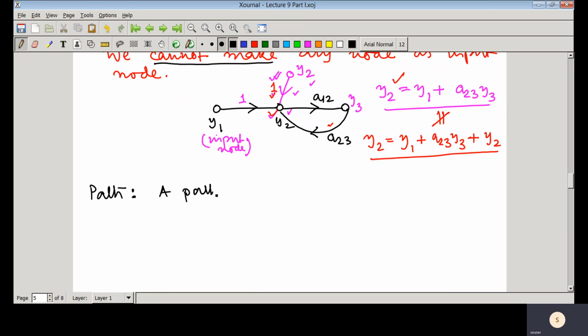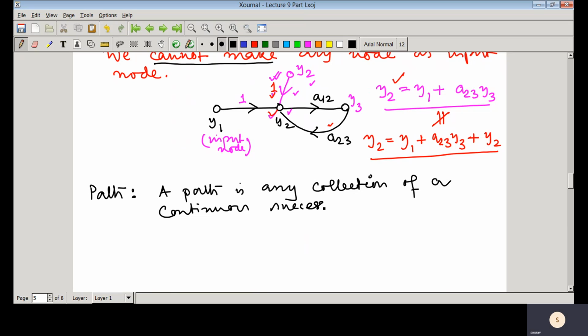So a path is any collection of a continuous succession of branches traversed in the same direction.